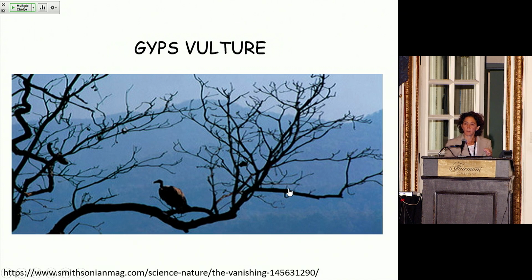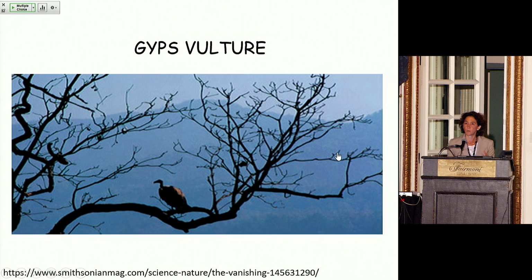And this was compounded by the fact that laws prevented you from taking vultures and sacrificing them before they were dead, but the temperature is so high in the region that once the vultures are dead, it's very hard to get to them early to see what happened to them.